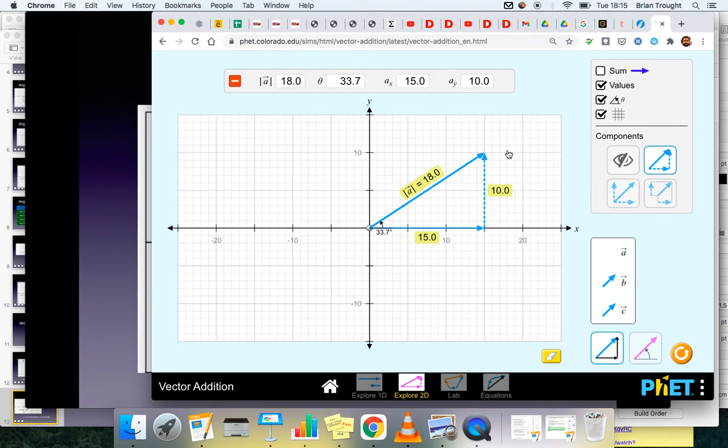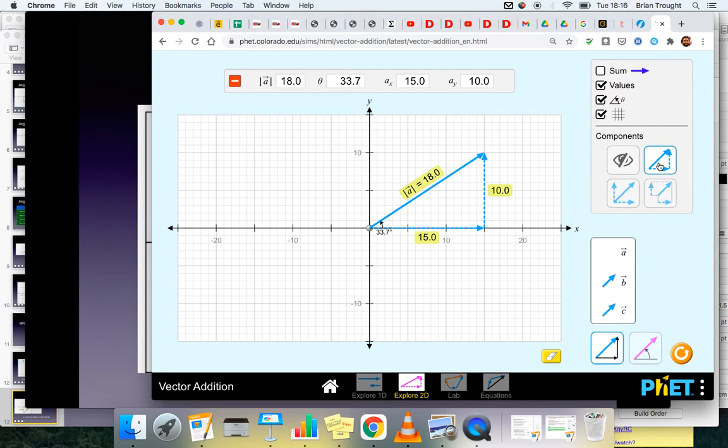Now, if all vectors can be moved, what I do is I put the start of the vector at the origin always. And then the point of the vector here, if that was Cartesian coordinates on an xy plane, that point would be 15, 10, just in curved brackets, (15, 10). Vectors are written not in the same form though, but the 15 and 10 still come into play.